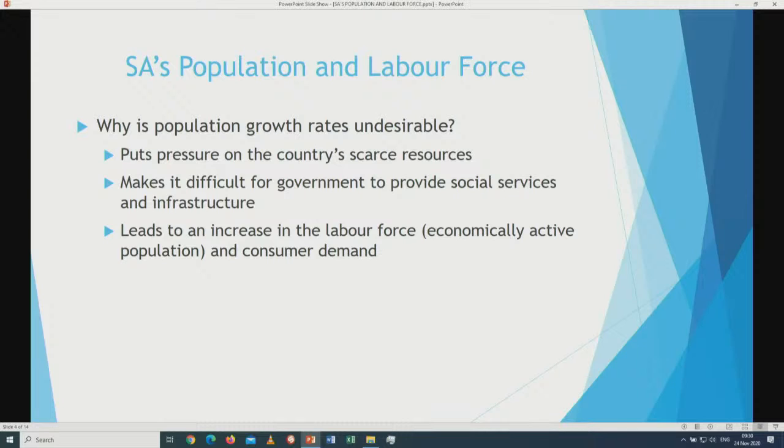Now, when we talk about the economically active population, this is a population of people who are able and who can provide their services of labor, who are available to be employed. And normally they are the people between the ages of 15 and 64. That is what economically active population means. But from the very same population, there are groups of people who are not part of the economically active population.